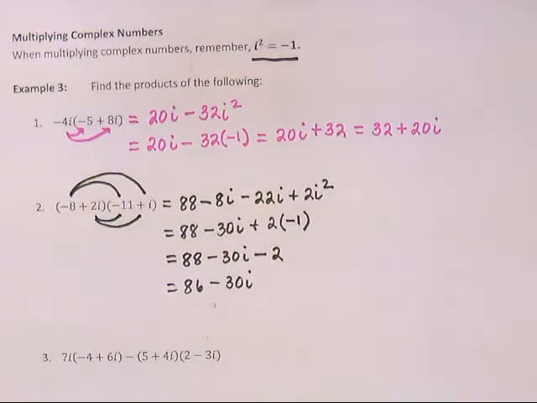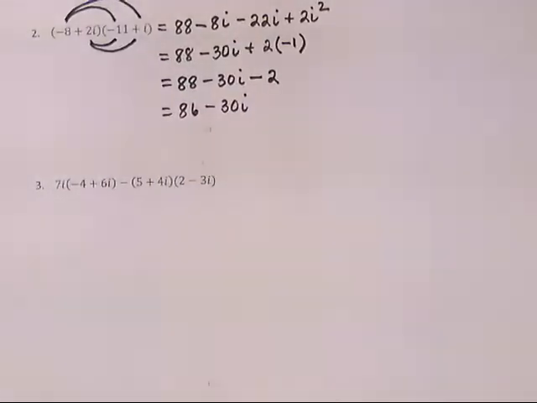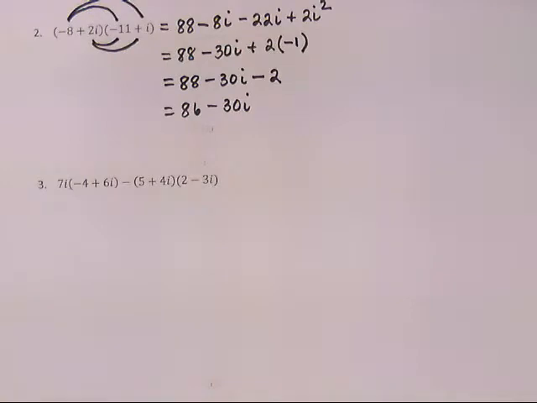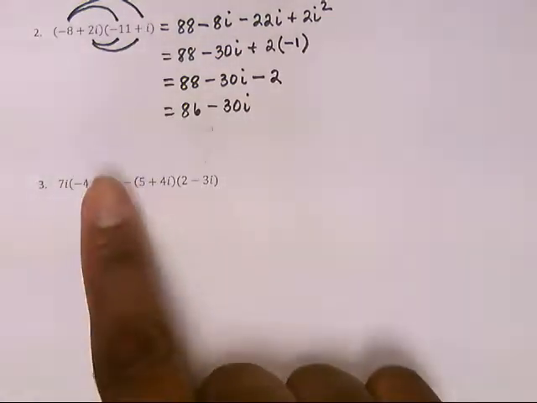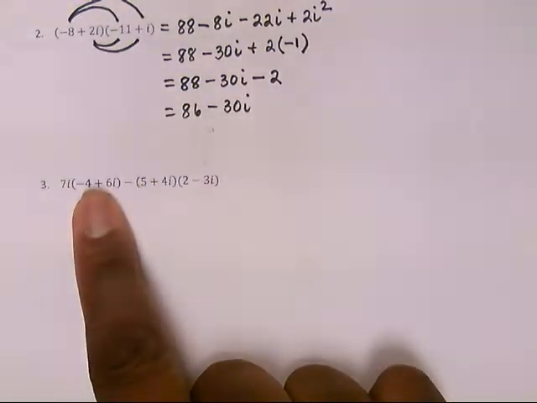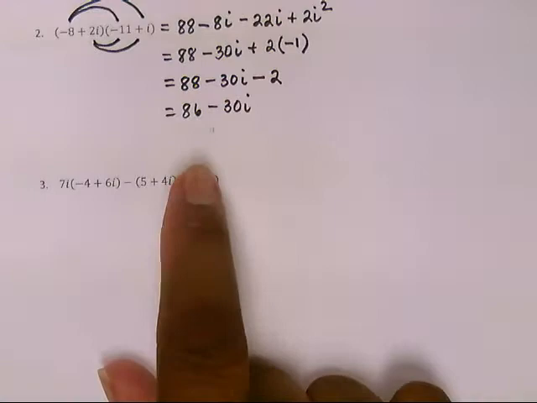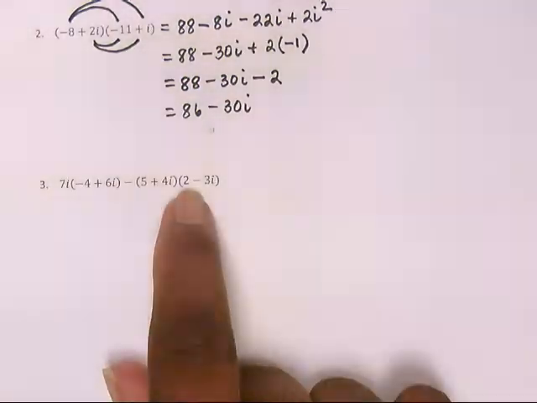Okay, and number 3, here we got 7i times negative 4 plus 6i minus 5 plus 4i times 2 minus 3i. Now this first piece, I'm going to use the distributive property, but for this second part, I have to use the FOIL method.